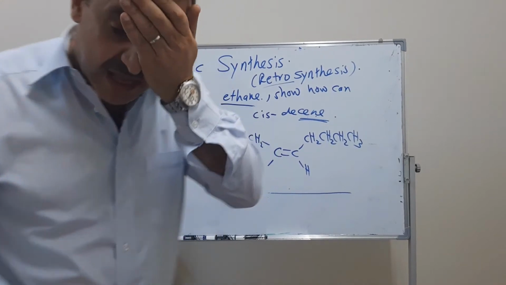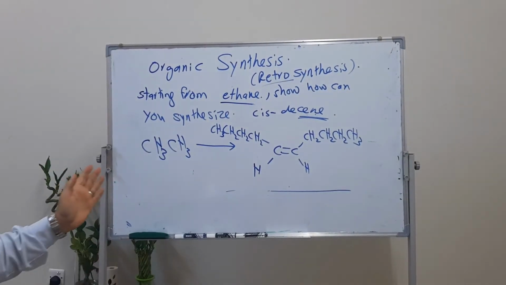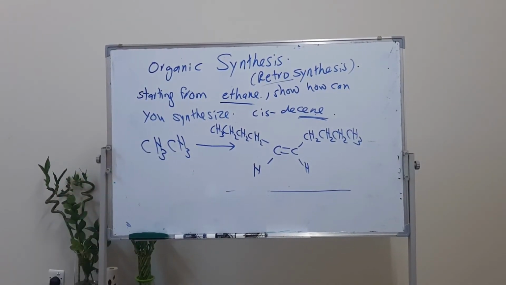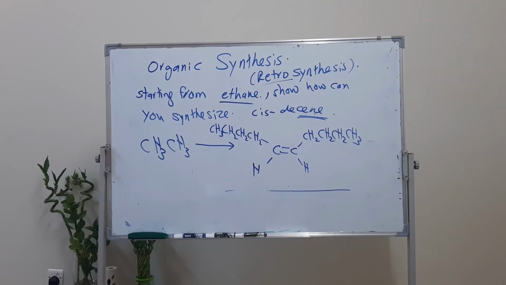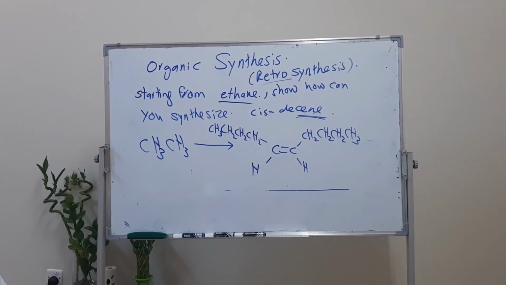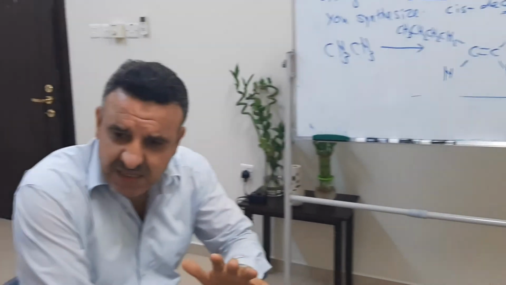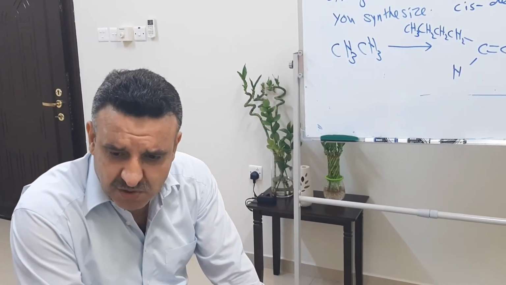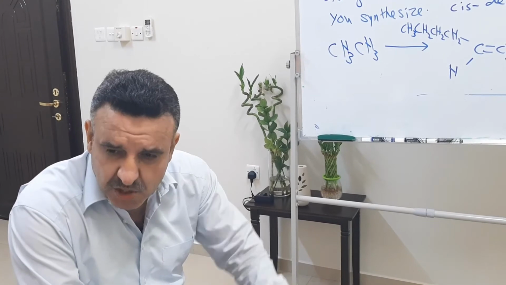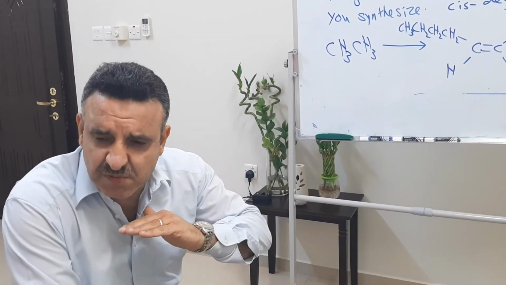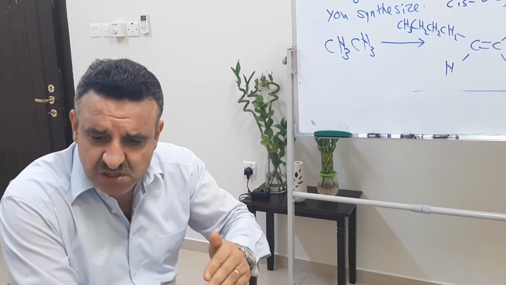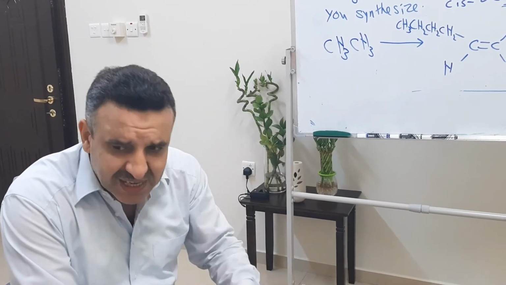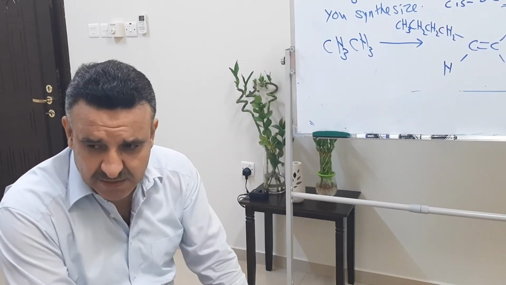What's important now? We have a product. The product is what? A cis alkene, right? Now, what method did we study to get a cis alkene as a product? We did it today. What reaction did we study in which we get specifically a cis alkene?